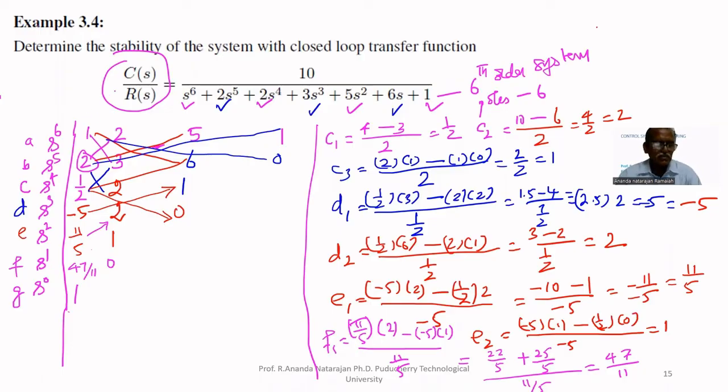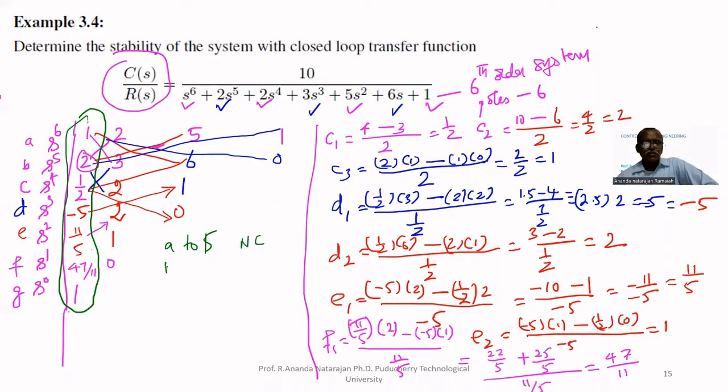How many sign changes in the first column? These are all first column elements. If you go from A to B, the A row to the B row, there is no sign change. B to C, no sign change.